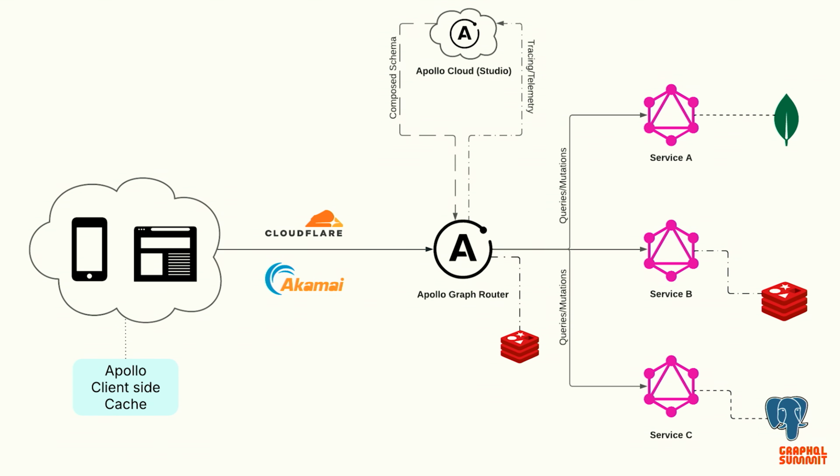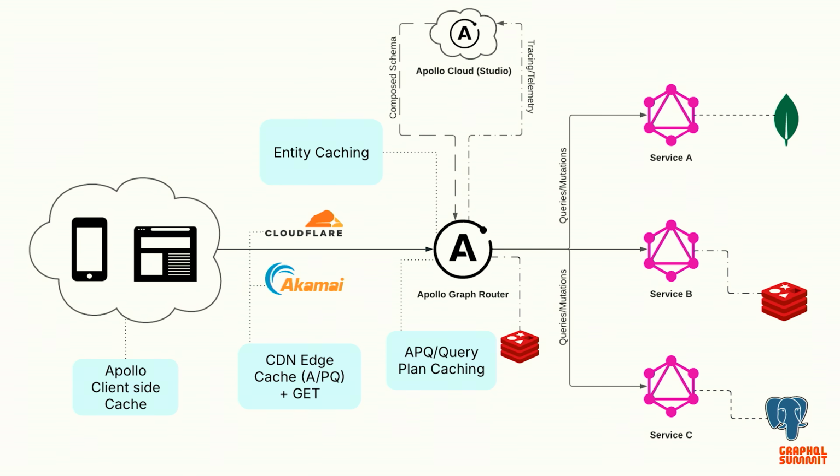At the client, we've got client-side caching. For edge caching, like CDNs, we have the ability to use APQs or PQs plus GET in order to cache with those CDN technologies. We have entity caching, which we'll talk about in just a second. We have APQ and query plan caching.